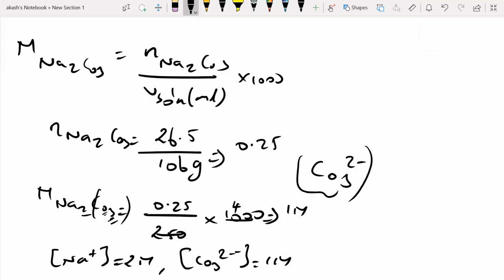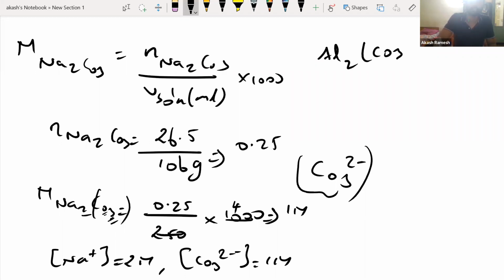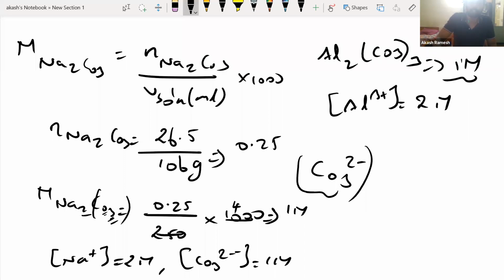Sir, if the number was outside the bracket, then we would have to multiply, right? Correct. For example, take aluminum carbonate, Al2(CO3)3. Say this was 1 M concentration. Then the concentration of Al3 plus ion is 2 M and the concentration of CO3 2 minus ion would be 3 M. Make sense?